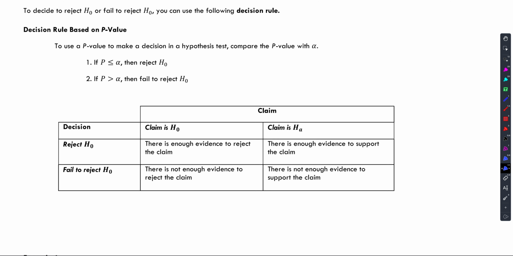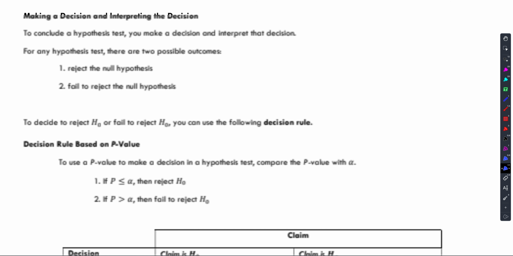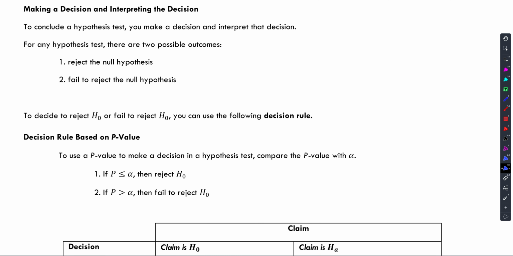We use very specific wording based off what your claim is and whether you're rejecting or failing to reject the null hypothesis. That was a great question leading into the next thing. So the question was, how many points off is it if you don't put the claim on your work? So you need to do that.